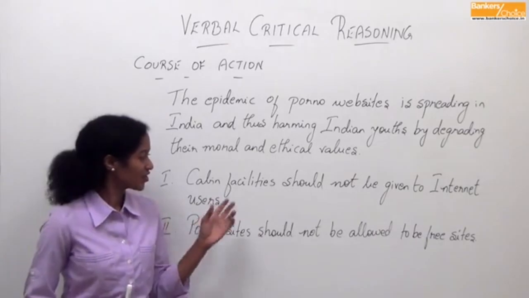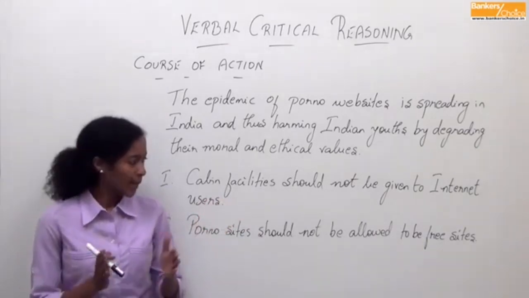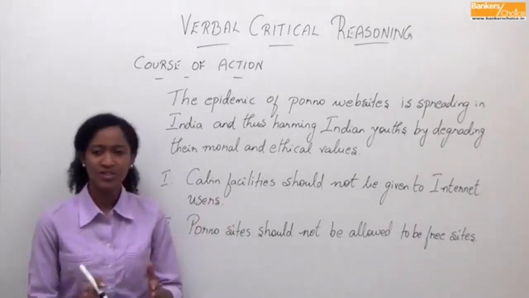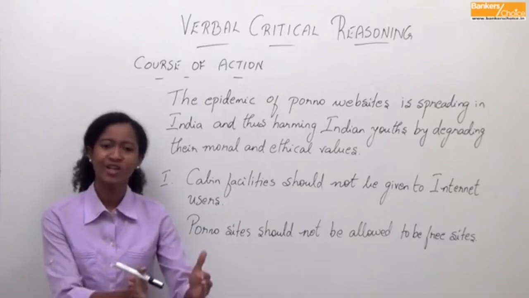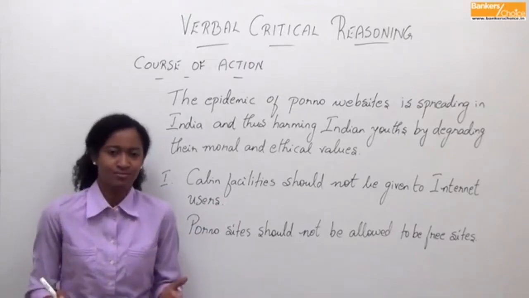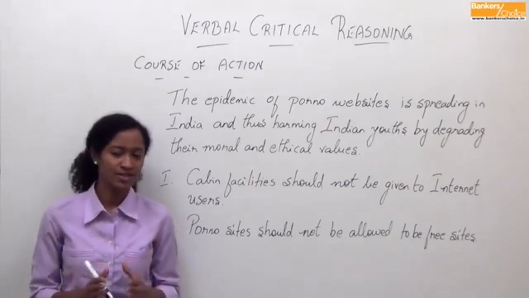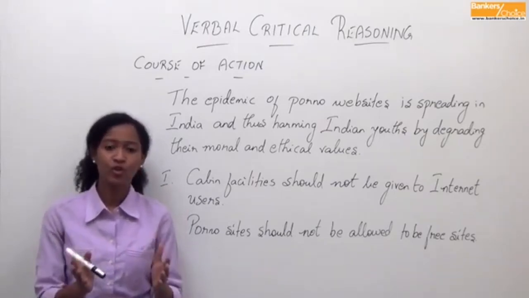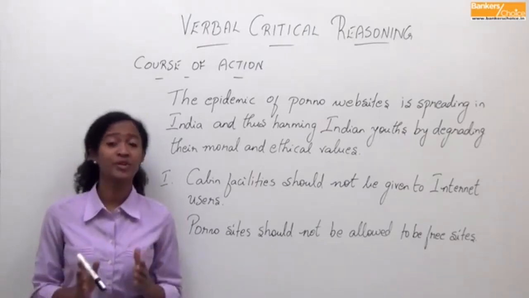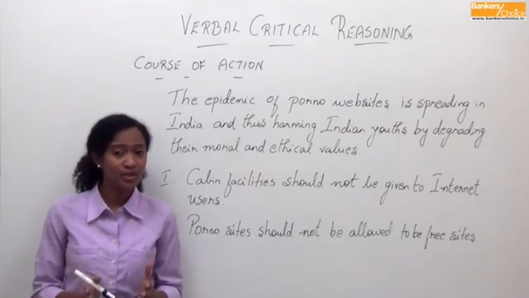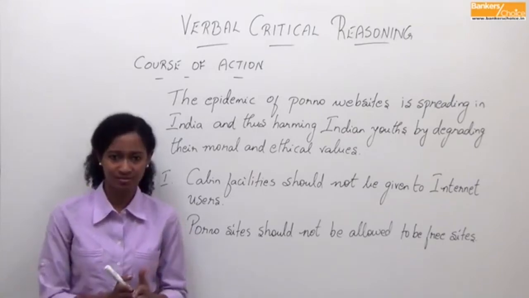Now let's address the first course of action. Cabin facility should not be given to internet users. Basically what they mean is a secluded cabin. Now generally, the mindset of people is, if I have to do something that I don't want anybody to see, it becomes easier for me to do it if it's in a secluded place, right?